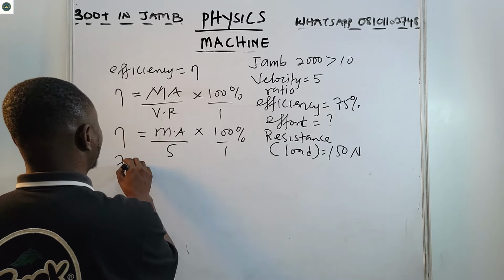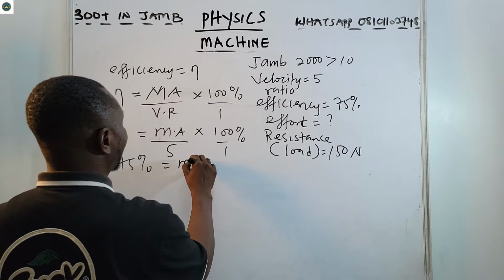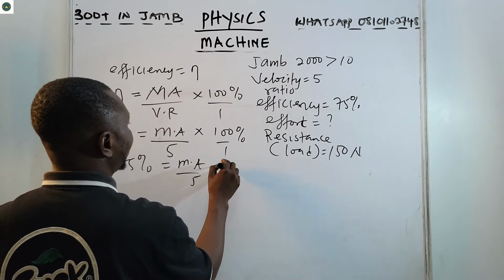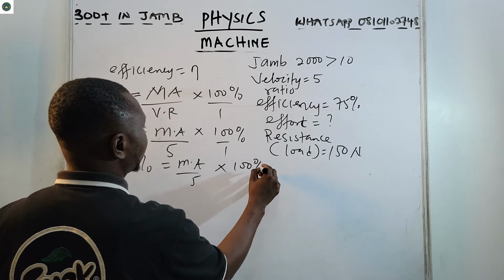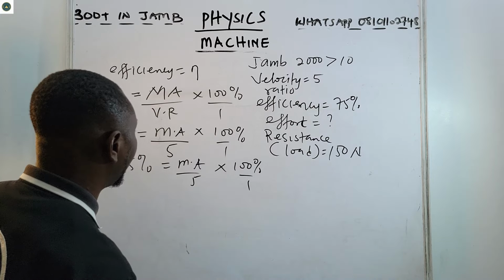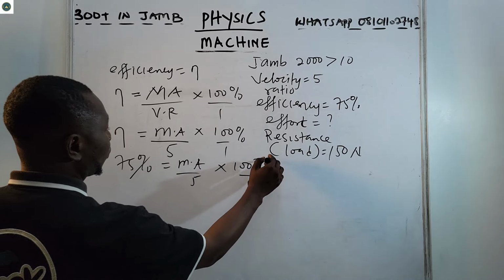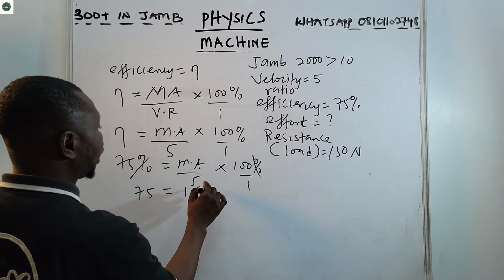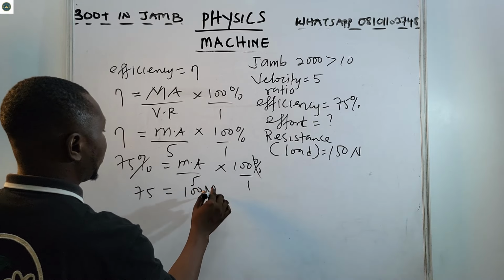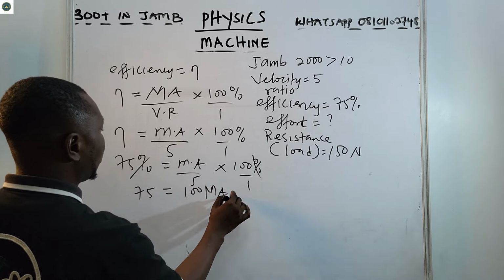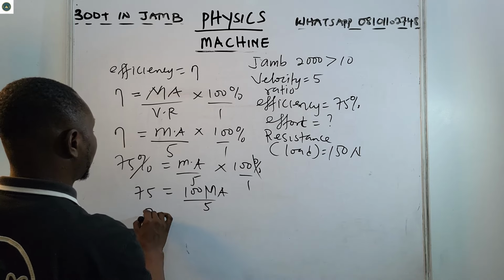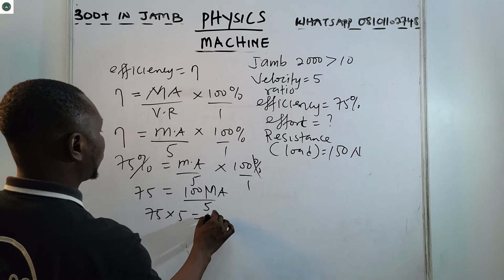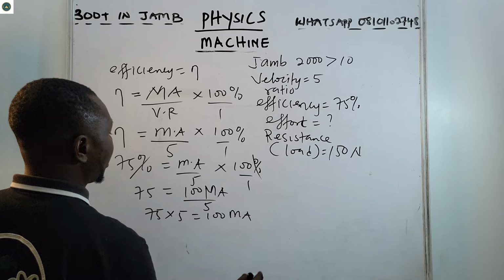So we have 75% equals mechanical advantage over 5 times 100% over 1. Okay? So percent can cancel percent. We now have 75 equals 100 MA over 5. So we can say 75 times 5 equals 100 MA.